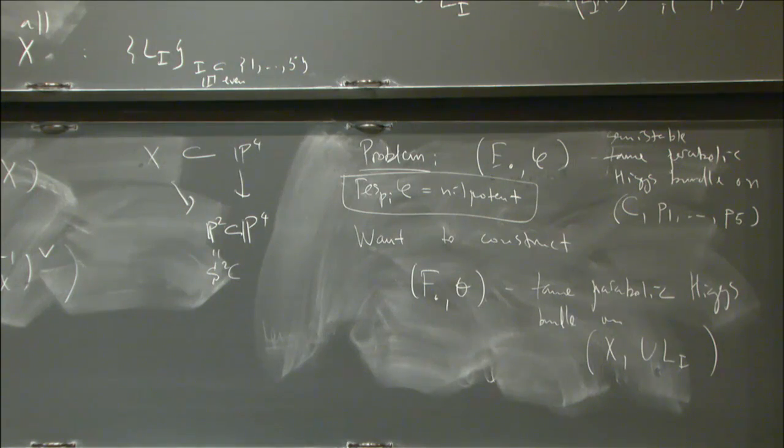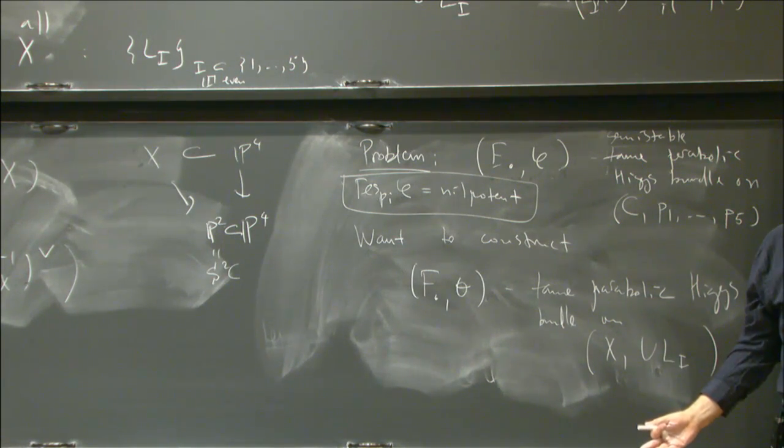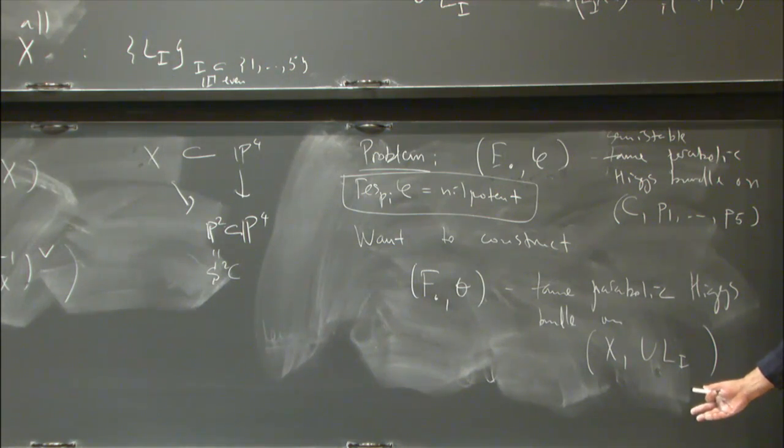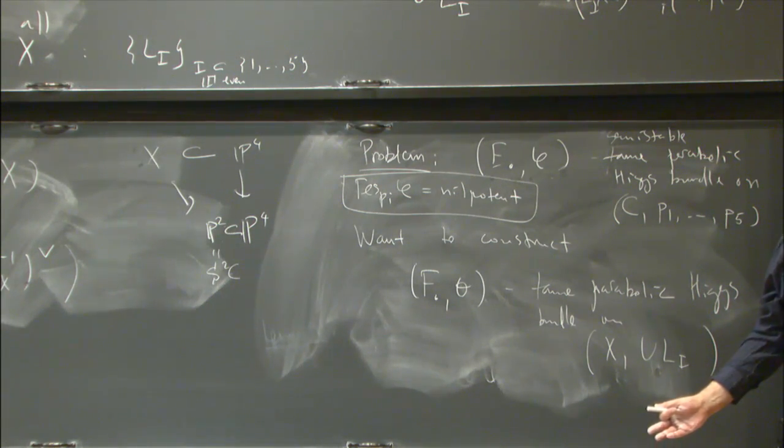So if you fix the Casimirs, if you fix the conjugacy classes of the residues, the fibers of the Hitchin map are disconnected in general.